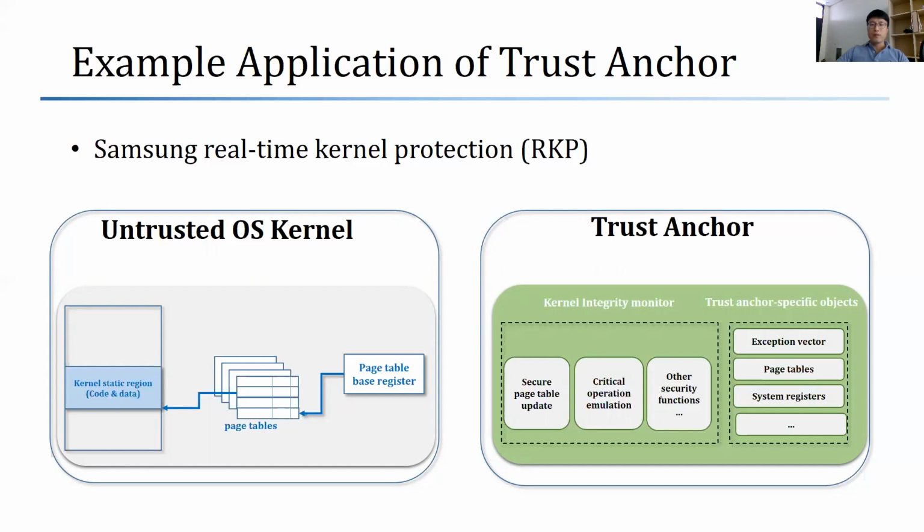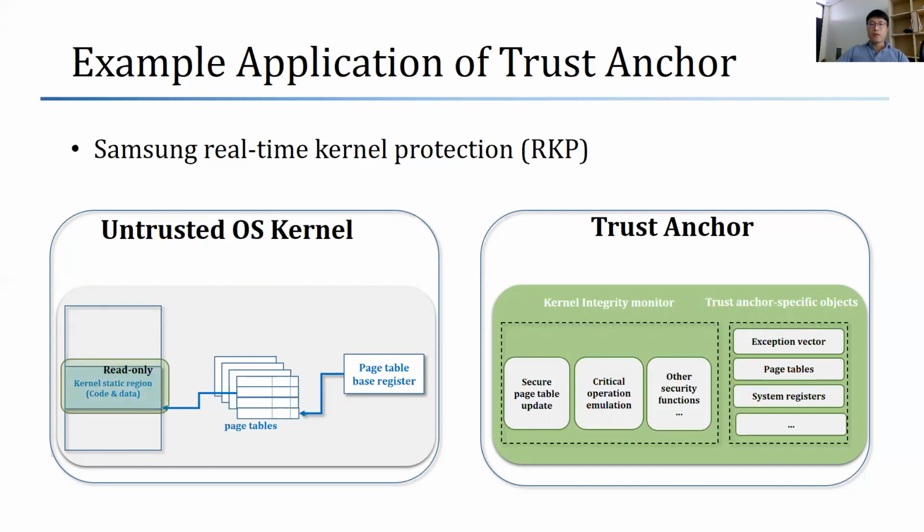Then, the base address of the page tables is pointed to by the page table base register. The page tables and base registers are managed by the OS. On the trust anchor side, the monitoring agent and trust anchor specific components, such as the exception vector and trust anchor managed page tables, are hosted.